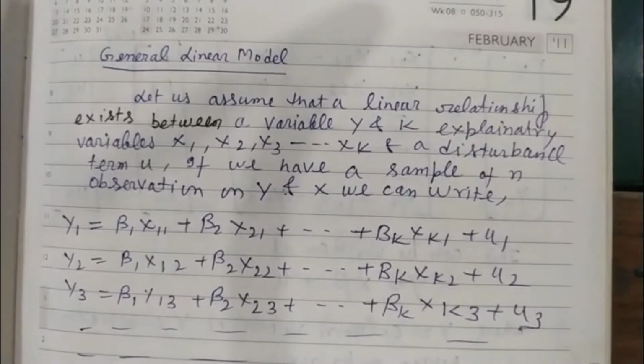Previously I covered the full idea of the two-variable linear model: how to estimate it, its properties, and how we calculate the standard error, R square, coefficient of determination and confidence level.